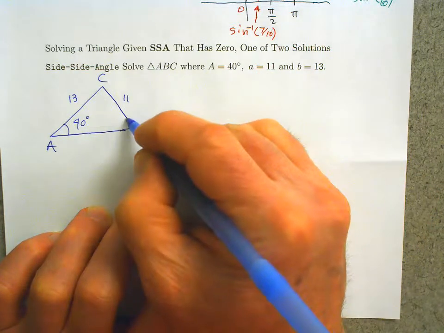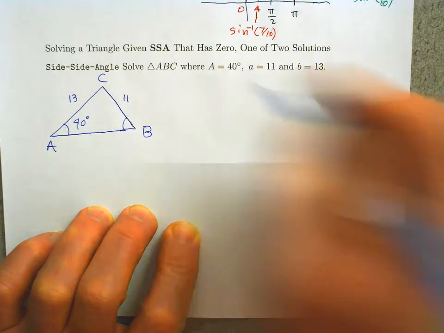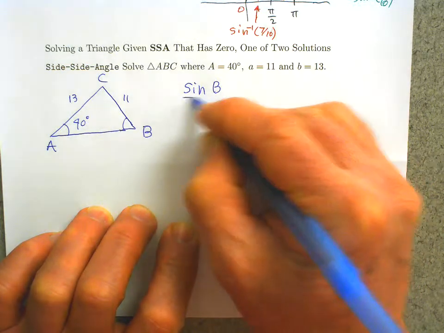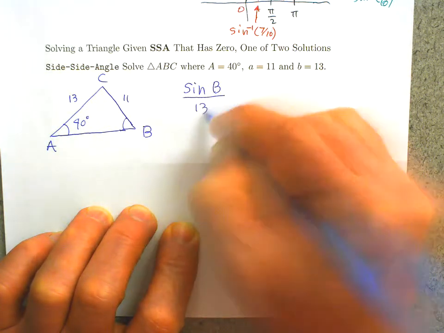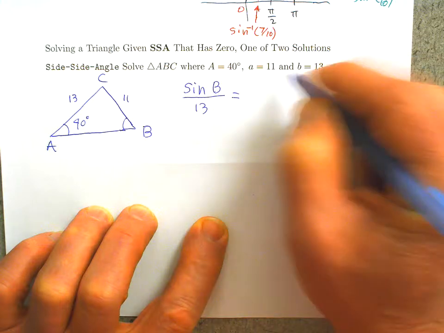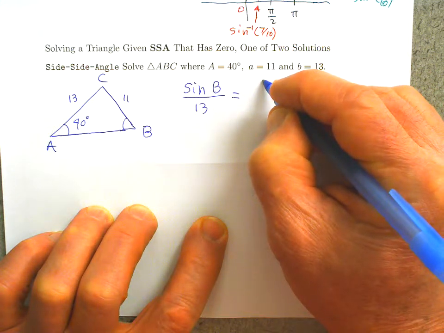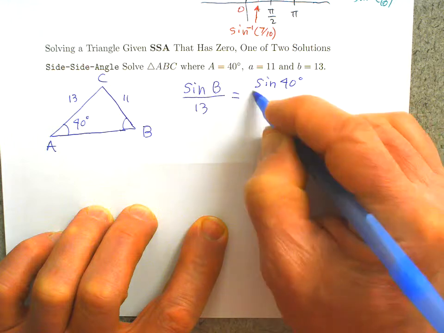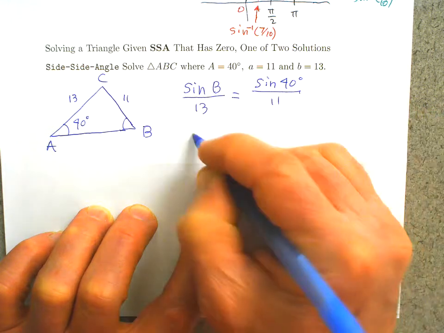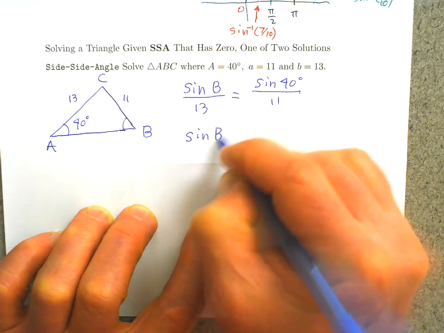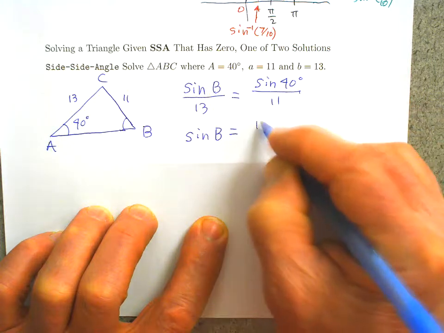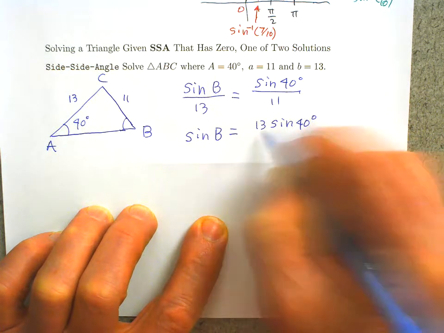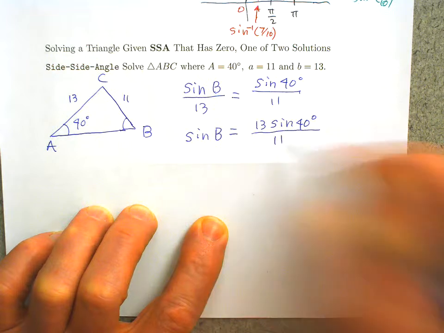So we can find angle B using the law of sines. Sine of B over 13 equals sine of 40 degrees over 11. So sine of B is equal to 13 times sine of 40 degrees over 11.